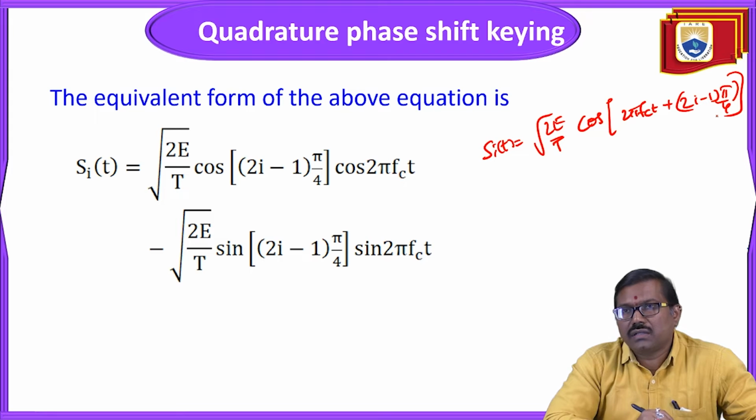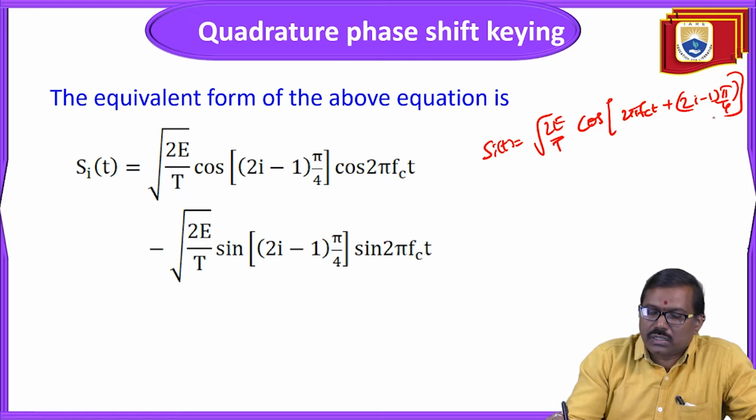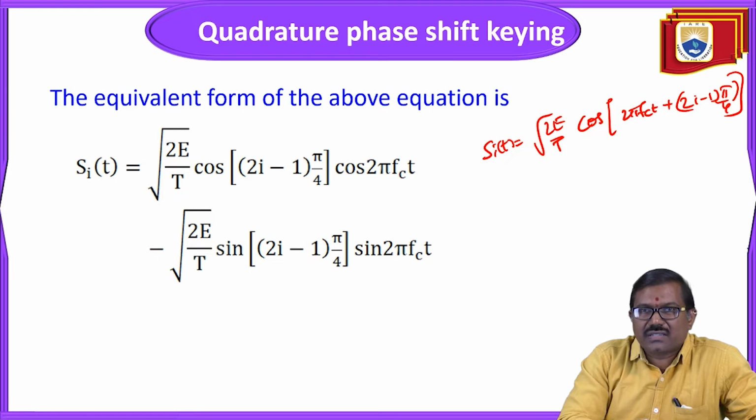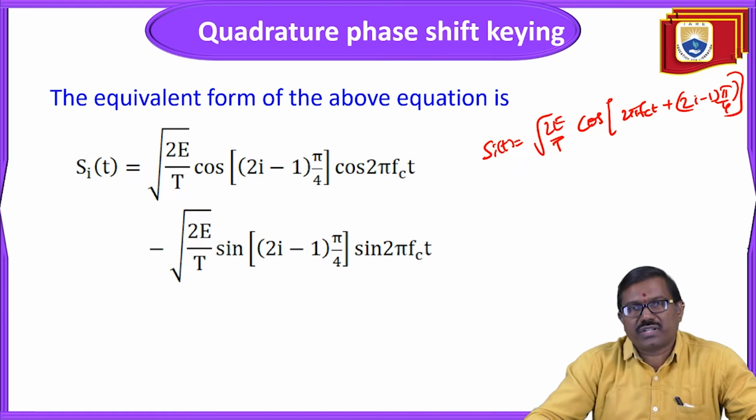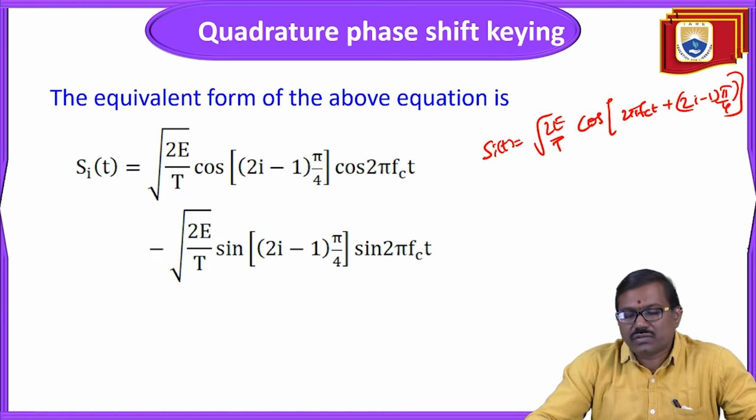So this is the first equation for representation of the modulated QPSK signal. Here the cos of A plus B formula is applied, written as cos A cos B minus sin A sin B, and substituting i values we get the previous table. So those values are kept.